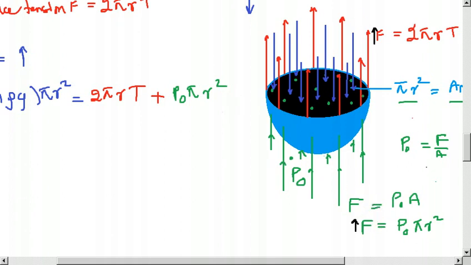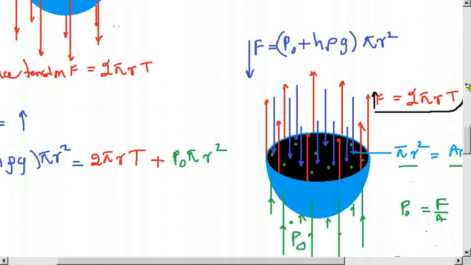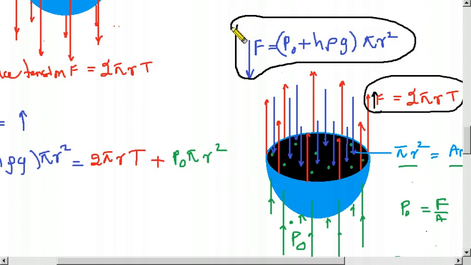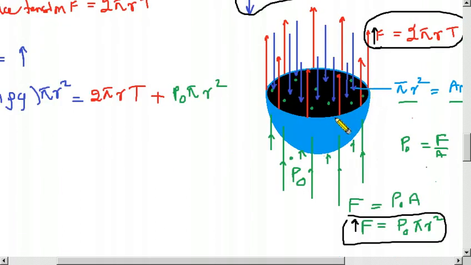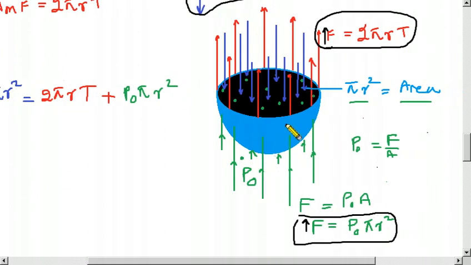So there are only three forces: this one upwards, this one upwards, and this one downwards. This one is from the inside pressure, this one is from the outside pressure, and this one is from the surface tension.